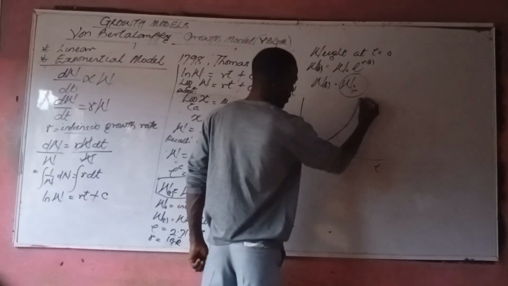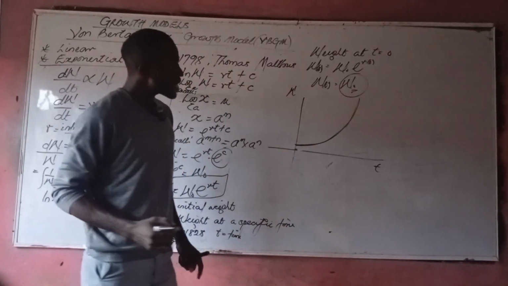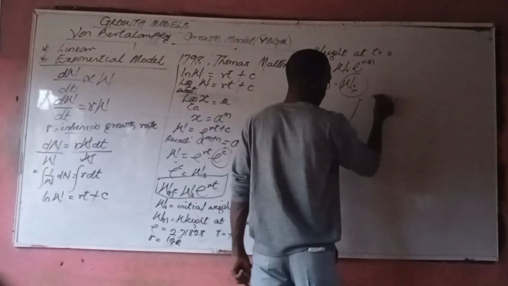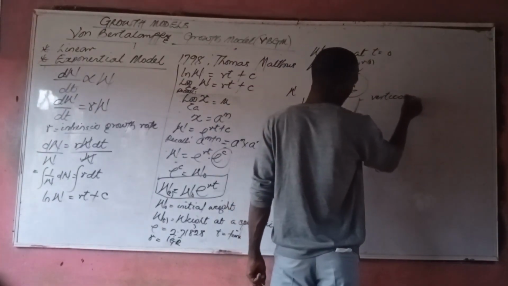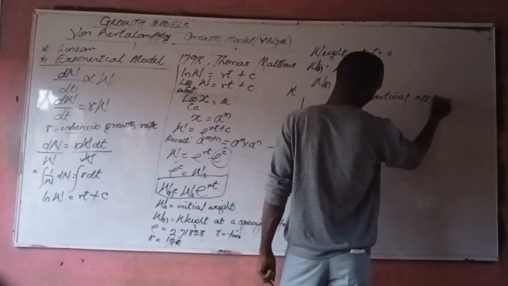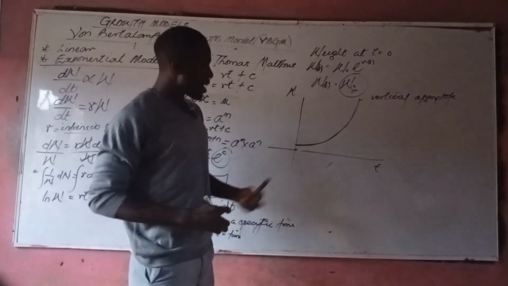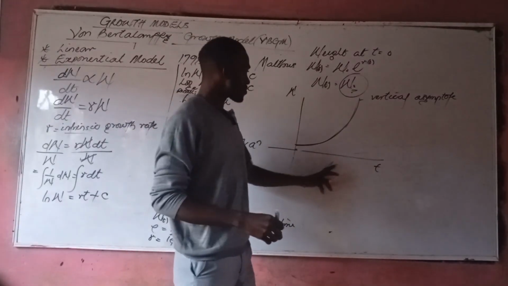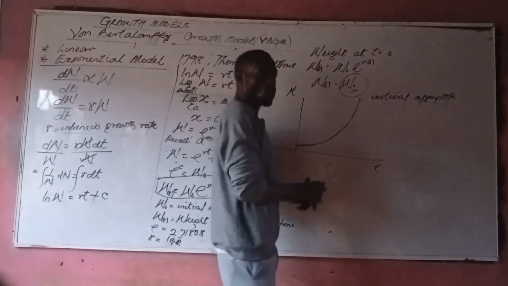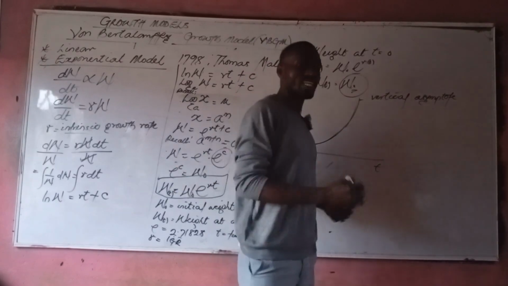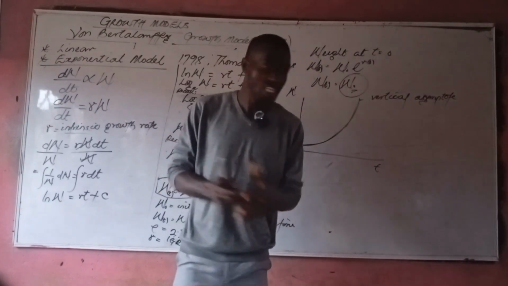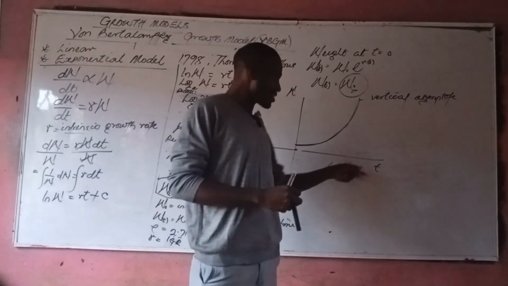But notice something, that it has a vertical asymptote. Now, what does a vertical asymptote mean here? This vertical asymptote tells us that our weight can go to infinity. That's what it's saying, that the weight can go to infinity at a given time.